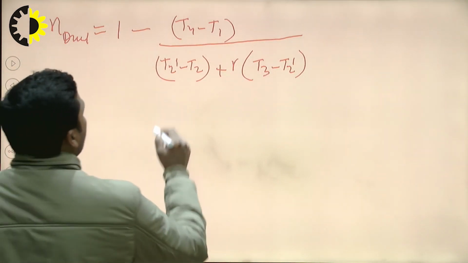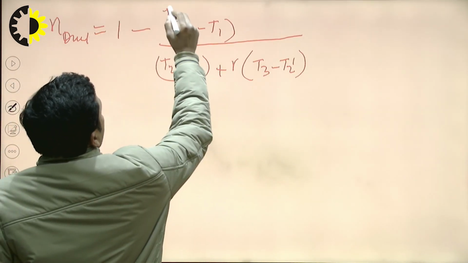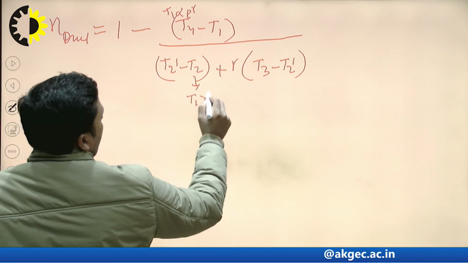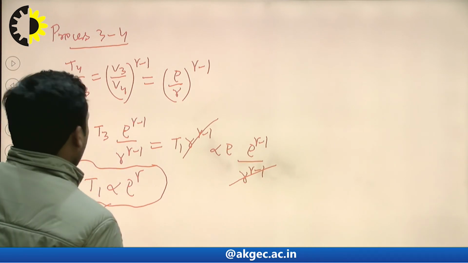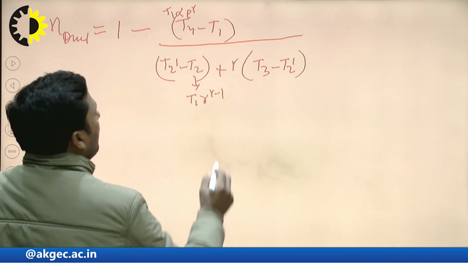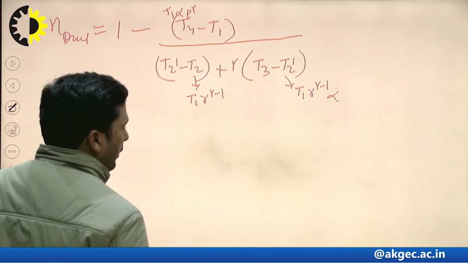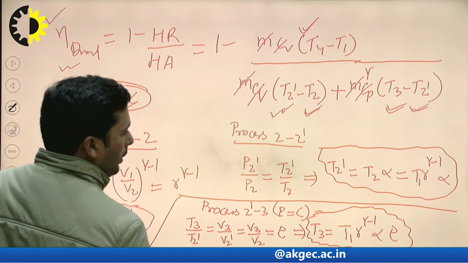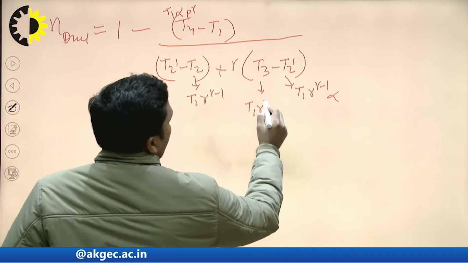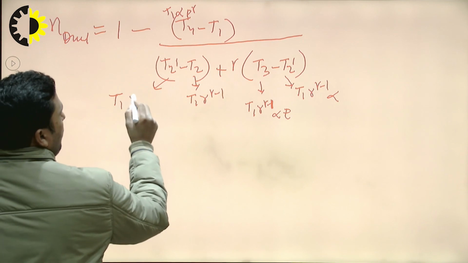So, the value of T4 is T1 alpha rho to the power gamma, and T2 is equal to T1 r to the power gamma minus 1, and T2 dash is equal to T1 r to the power gamma minus 1 into alpha, and the value of T3 is equal to T1 r to the power gamma minus 1 alpha rho, and T2 dash here is T1 r to the power gamma minus 1 alpha.